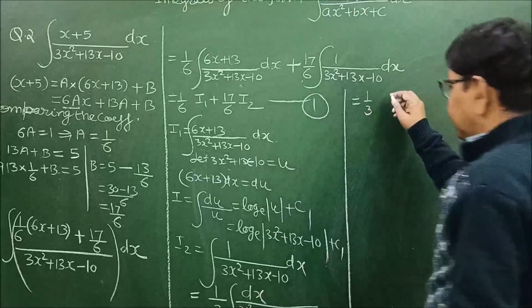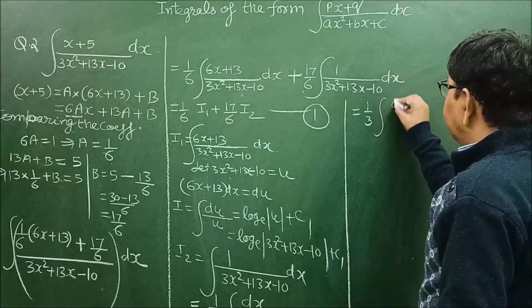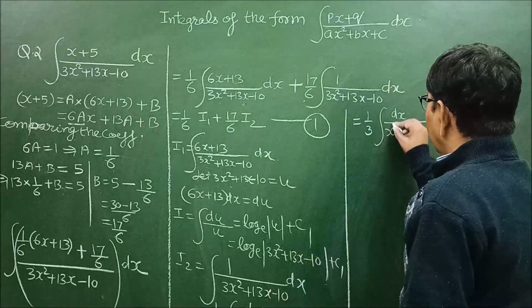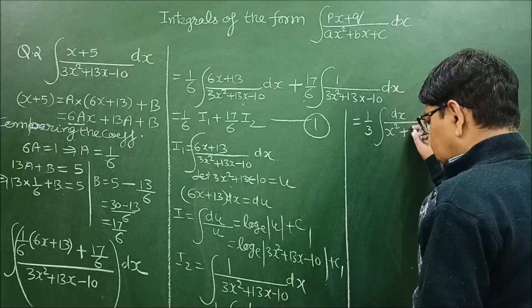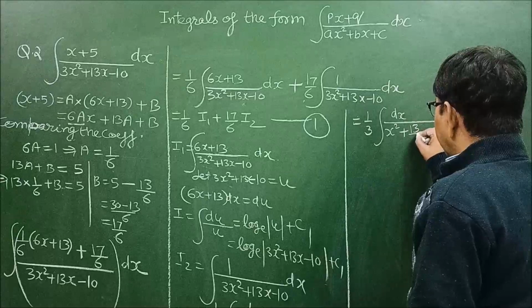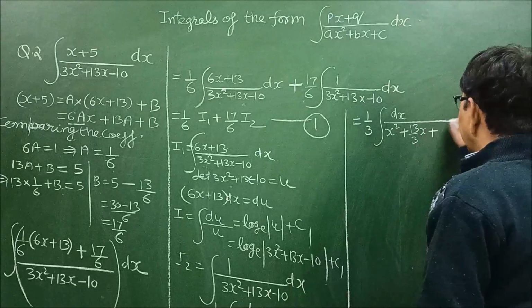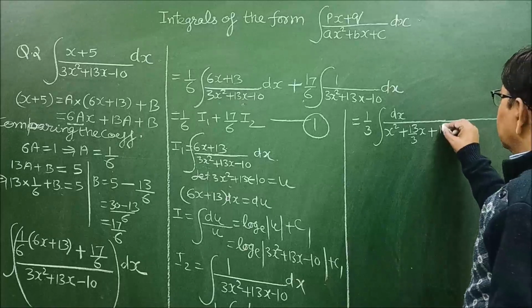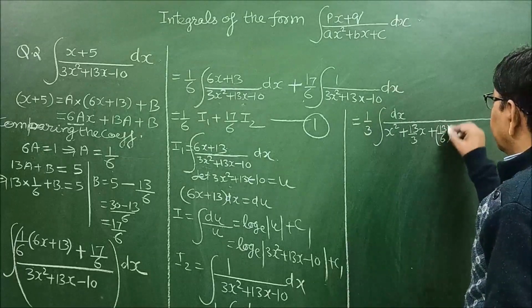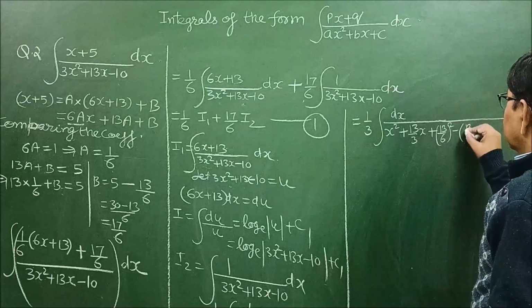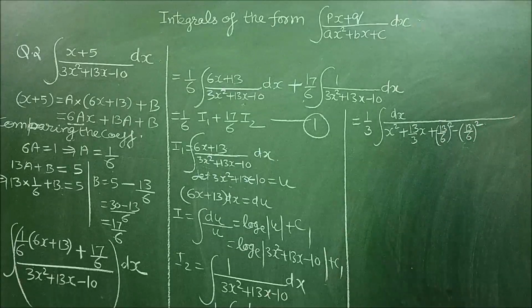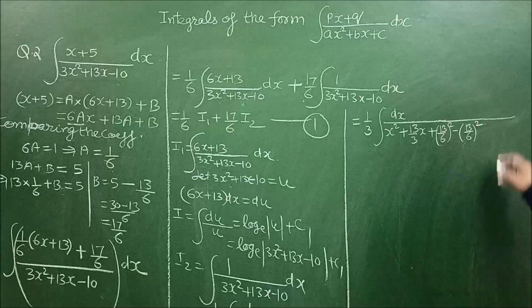So this is 1 upon 3 ∫ dx upon x² plus half of the coefficient of x. The square of half of the coefficient of x must be added here to make it a perfect square. So adding (13/6)² and subtracting (13/6)², minus 10 upon 3.